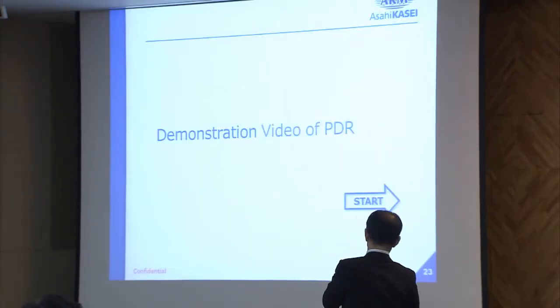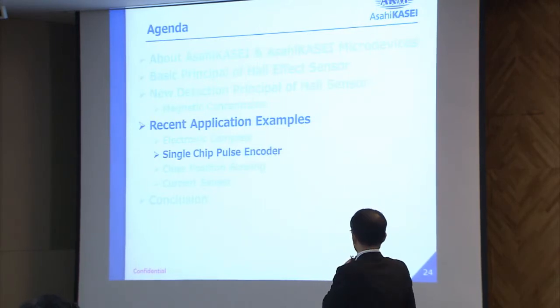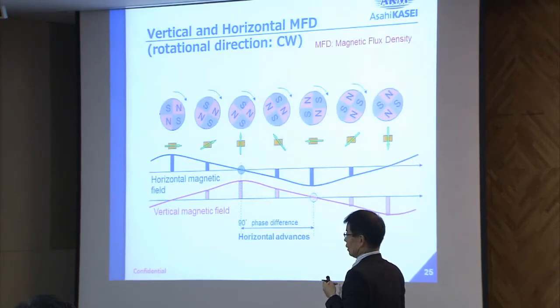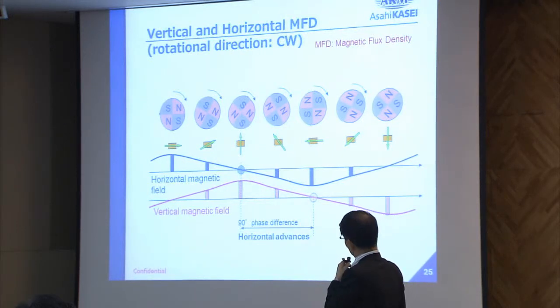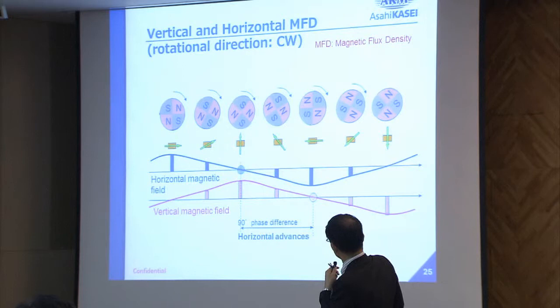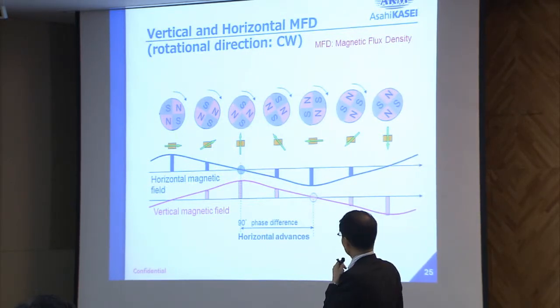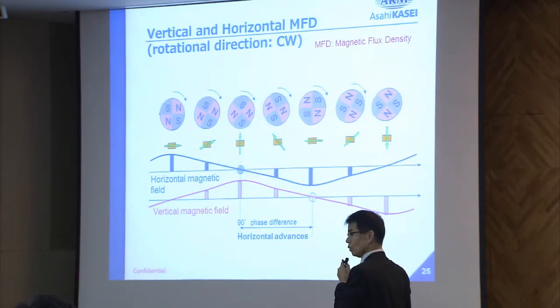So the next application is the single chip pulse encoder. This is also made with our magnetic concentrator solution. First of all, I would like to explain the principle of this device. This device has a magnetic concentrator, so it can detect both horizontal and vertical magnetic fields.